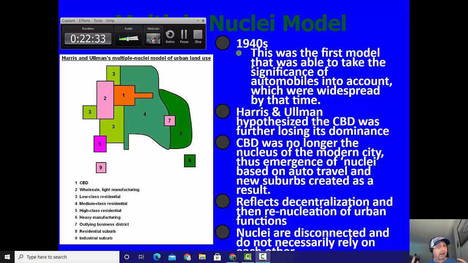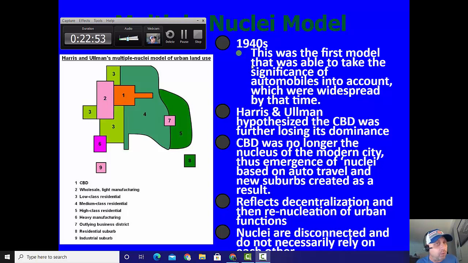And so, in their model, known as the multiple nuclei model, the CBD that used to be dominant for activity has lost its clout even further. Is it still important? Absolutely, but nowhere near as important to activity as it used to be in previous generations. It's not the nucleus of the modern city.